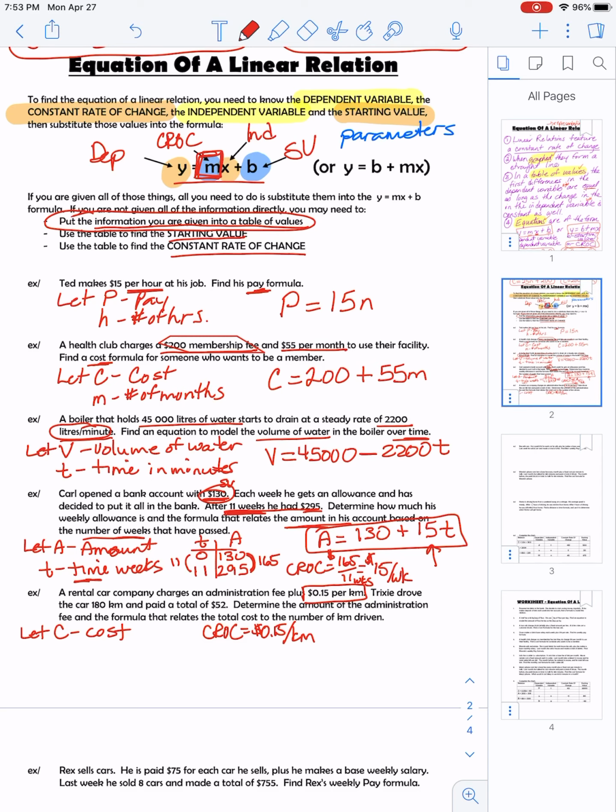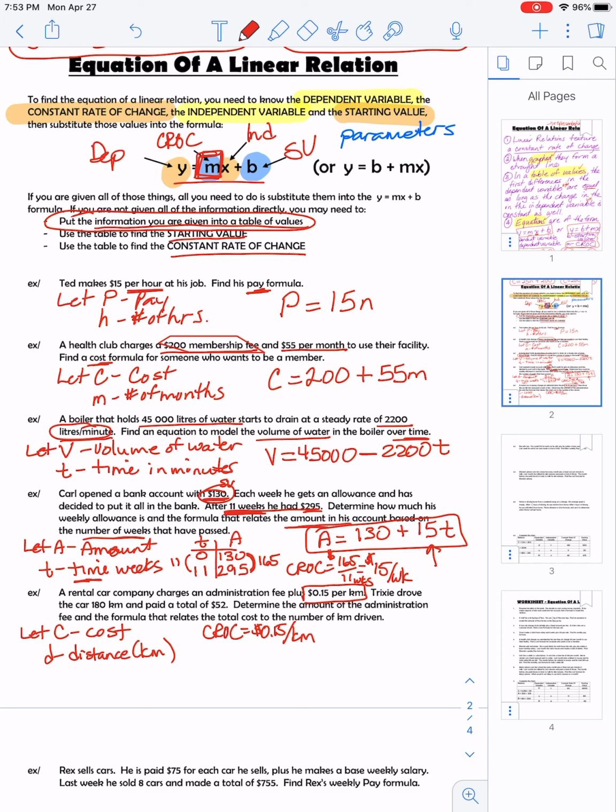So you've got that starting fee, and it increases by every kilometer that's driven. So I'm going to say let D be distance in kilometers.